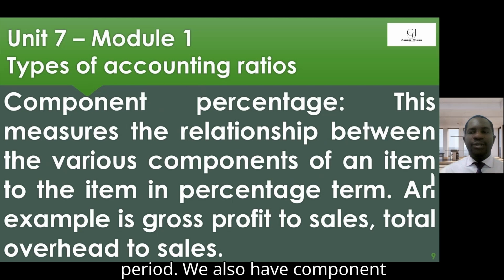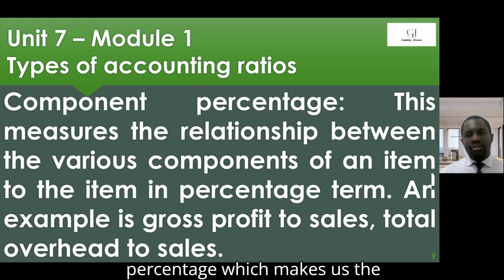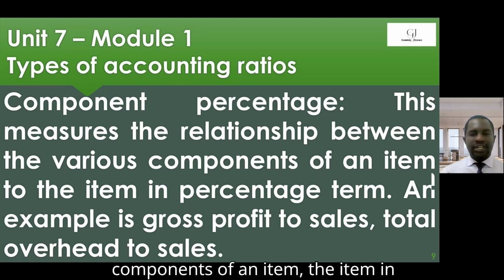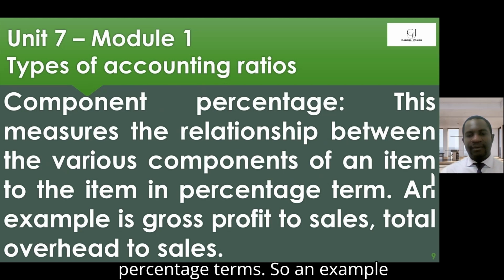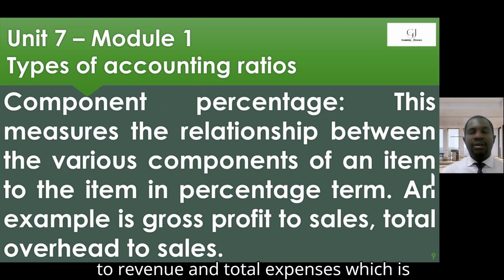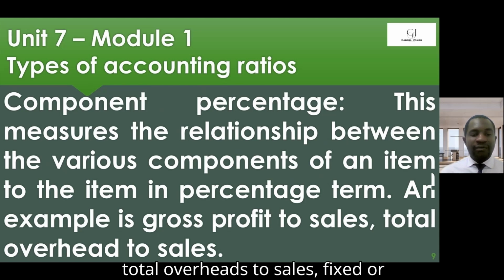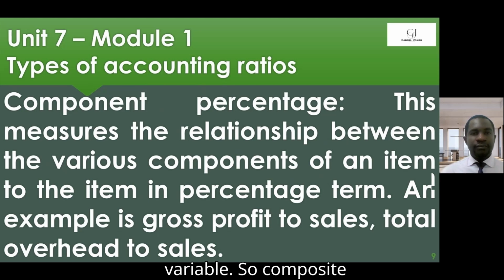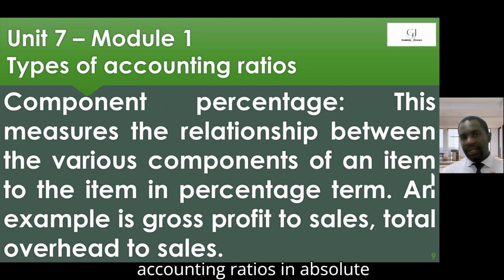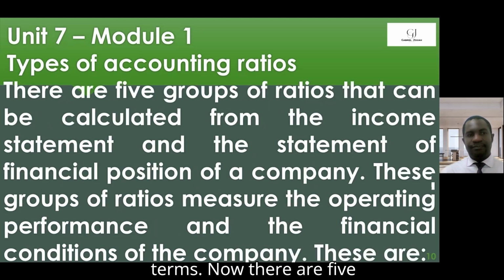We also have component percentage, which measures the relationship between the various components of an item in percentage terms. An example is gross profit to sales, or gross profit to revenue, and total expenses, which is total overheads, to sales, fixed or variable. So component percentages also help us understand accounting ratios in absolute terms.